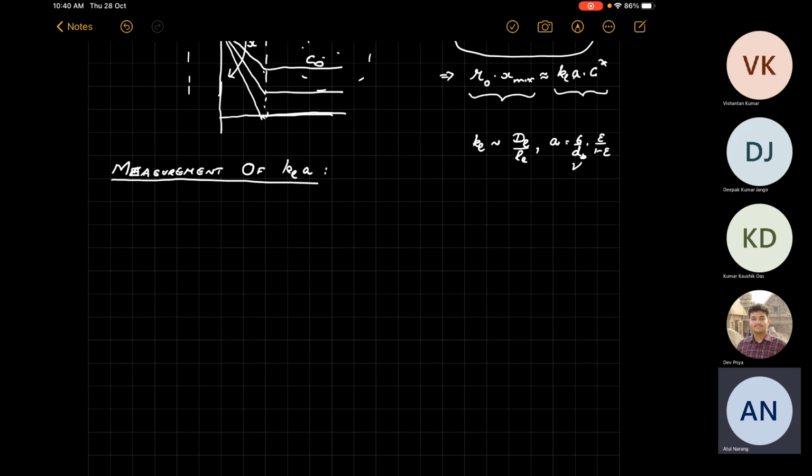This was given to you, but there are also formulas for epsilon as a function of power per unit volume, and it's sort of complicated.